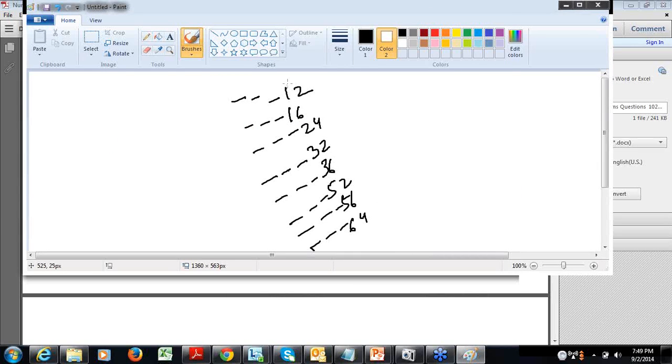The last 2 digits can be 12, 16, 24, 32, 36, 52, 56 and 64 in order to get it divisible by 4.